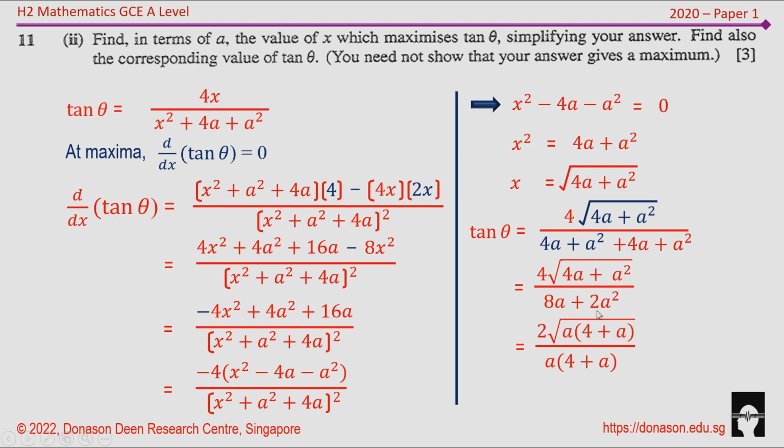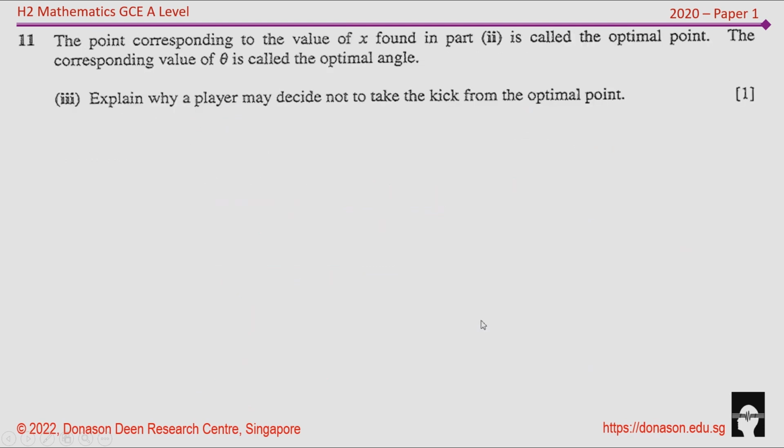And since I have already pulled out 2, this 2a squared simply becomes a squared, and 8a would have become a 4a. And since both of the terms also contain a, I factorize out a, so inside the bracket you have got a 4 plus a. Okay, so if you find my explanation too fast, you can pull out a piece of paper and try this slowly again, and this is what it should reduce to. So that should be the value of your tangent theta.